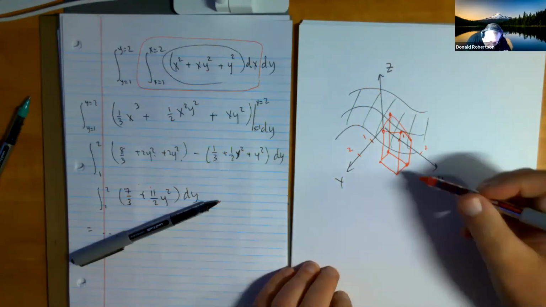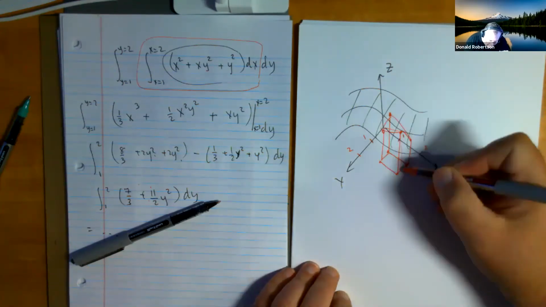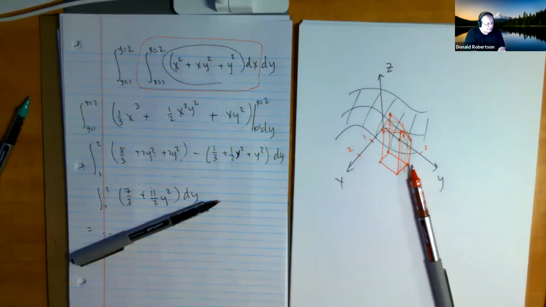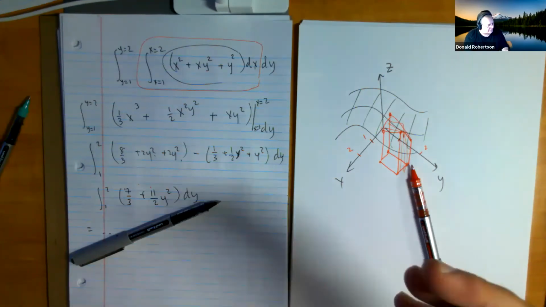Can you imagine taking very thin slices of this thing vertically? So you're finding the area, essentially, of an infinitely thin slice going one way, and then adding them up going the other way. You could think of a volume as an infinite number of two-dimensional pieces of paper, like a funny shaped book stuck together.